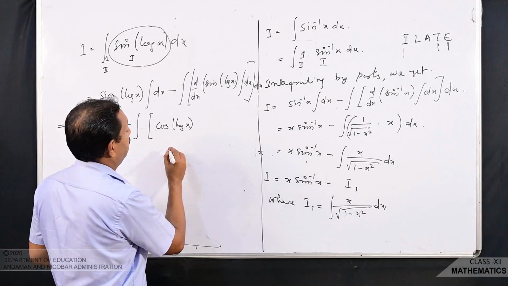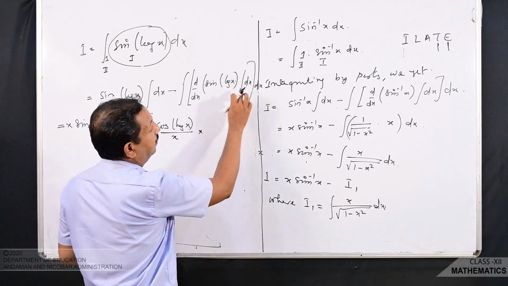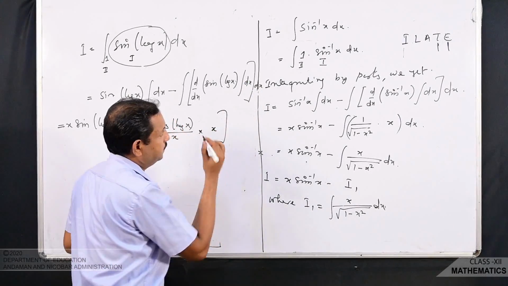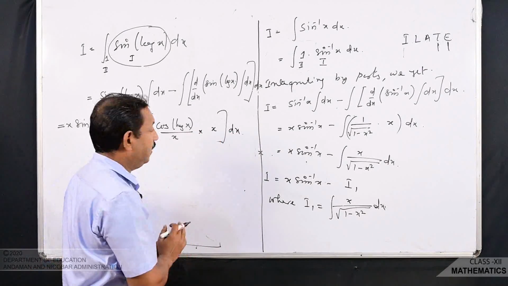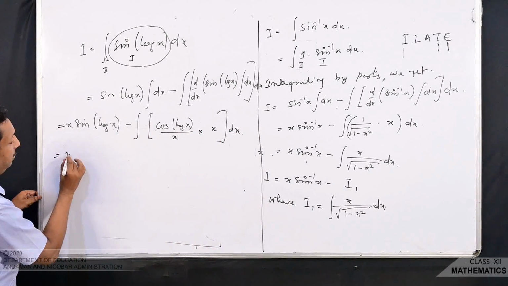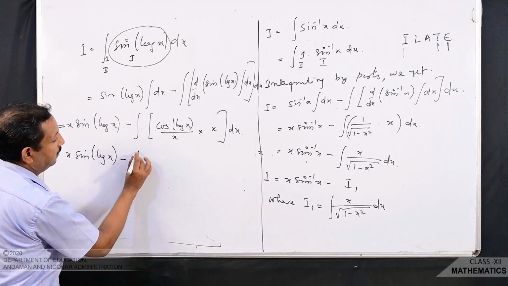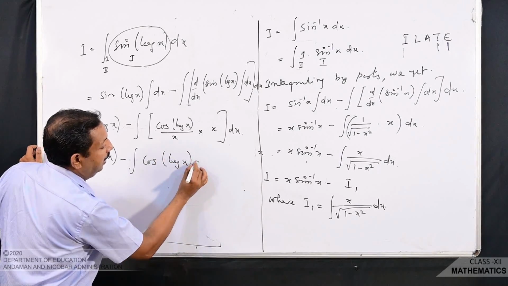So I put 1 by x here, and for the integration of dx we have x. This x will cancel out. So definitely you will have x sine log of x minus integration of cos log of x dx.